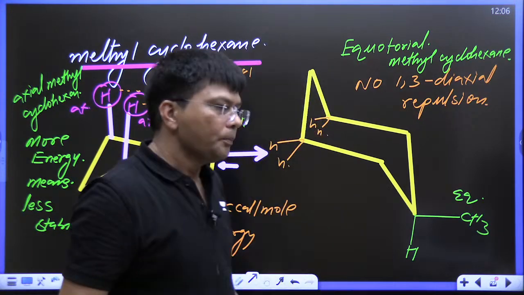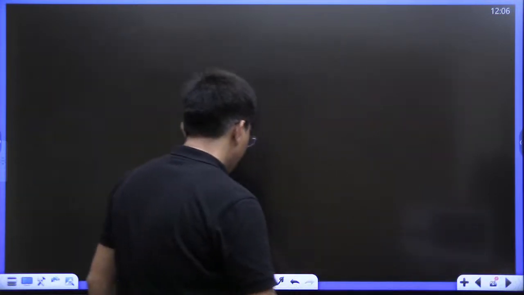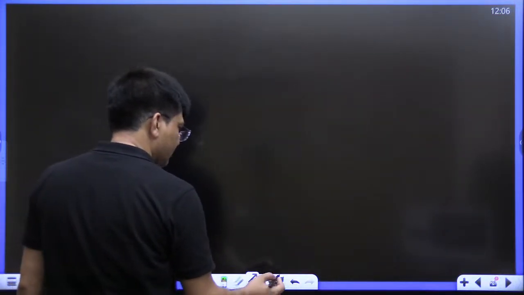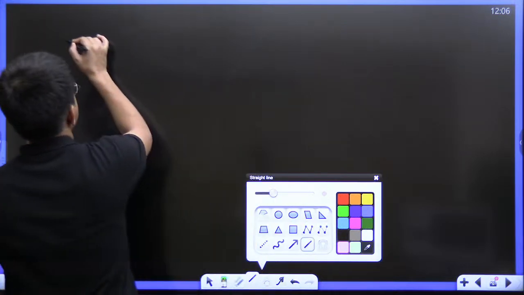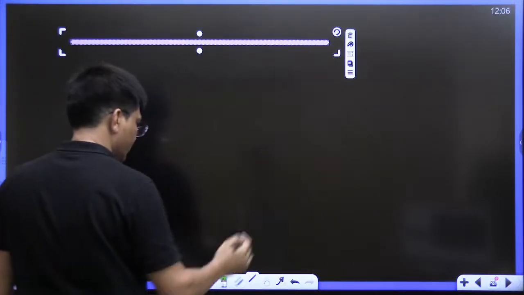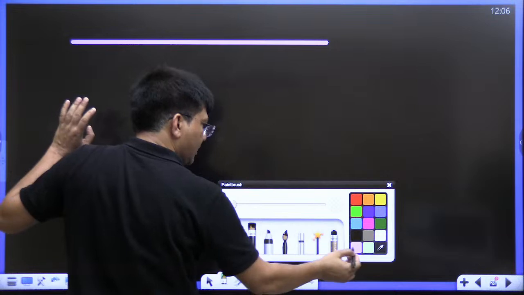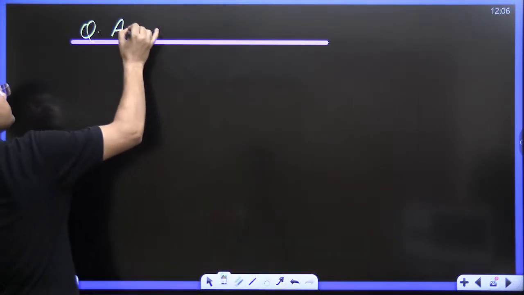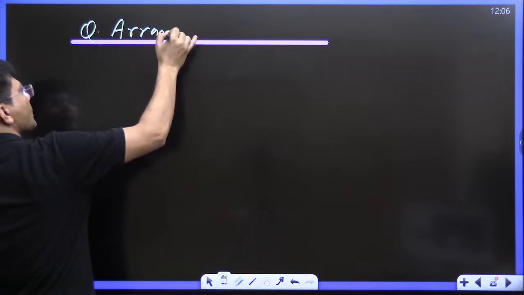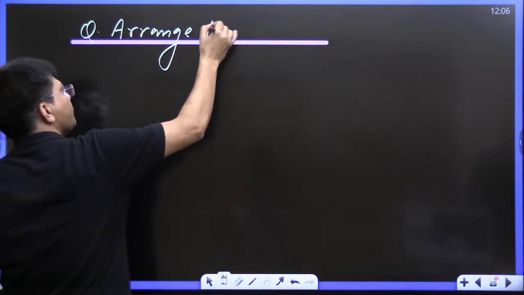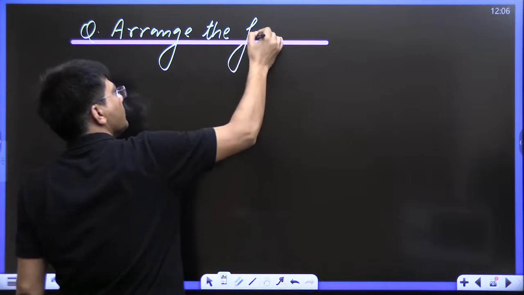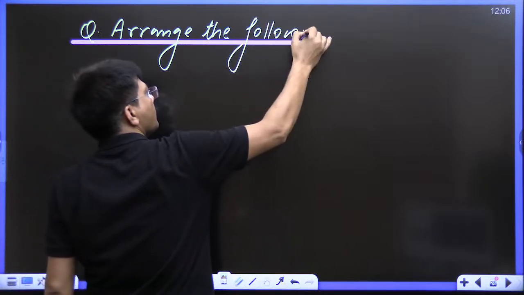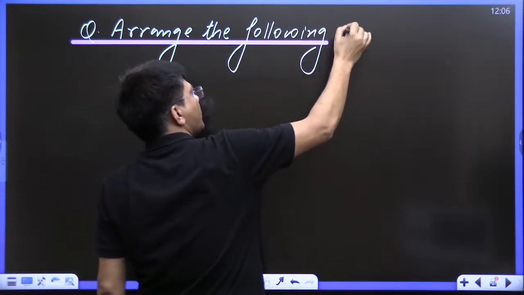For example, without understanding anything, if the examiner asks a rank deciding question, see kids, try to understand, without applying brain you can do this question. Arrange the following in decreasing order of stability.